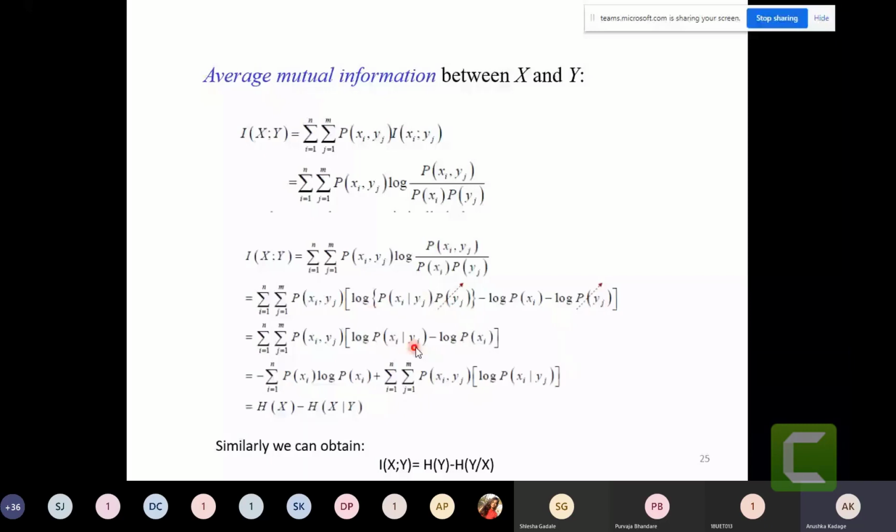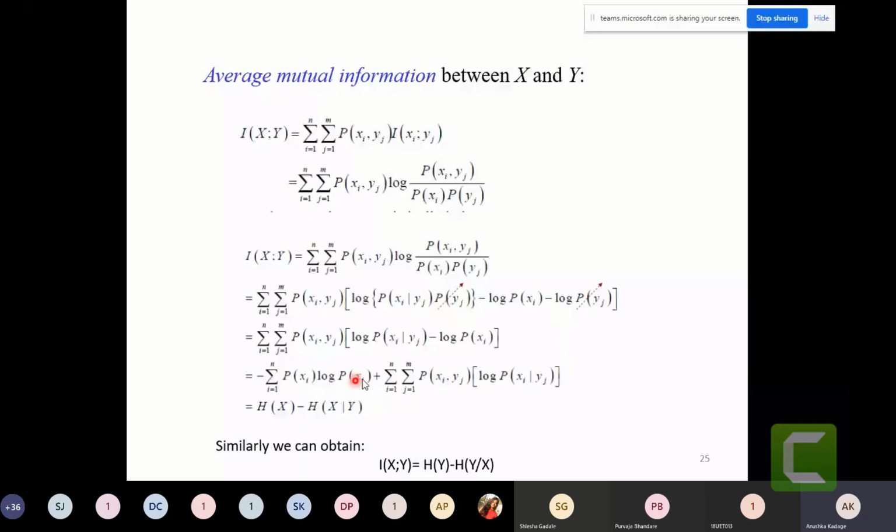Now on this bracket we are going to distribute these two summation signs with the joint probability. So it will be written for this first log function. Similarly, it will be presented for this second log function. But we know that for the entropy equation to be written, if this log function probability is in the numerator, it should be associated with a minus sign.